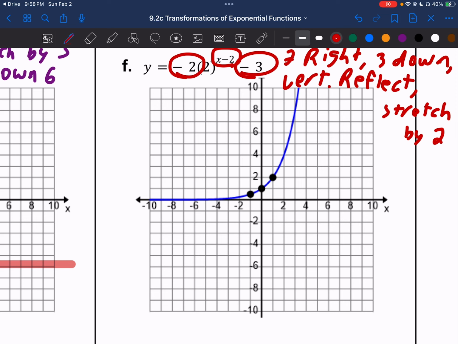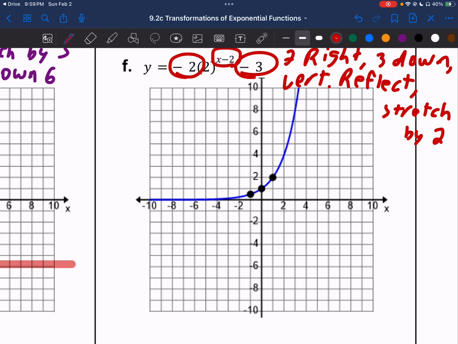So let's start with what we have, right? So we have a point at, let's start with the -1.